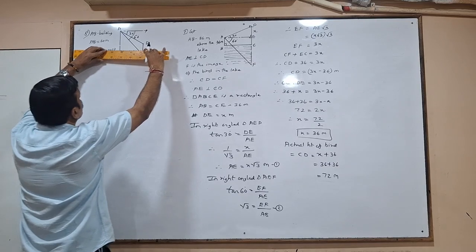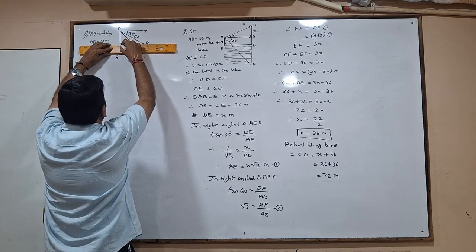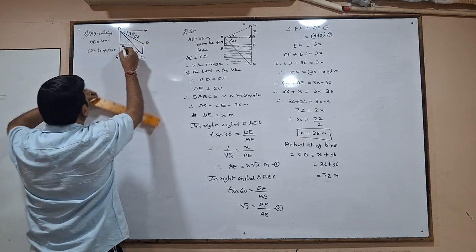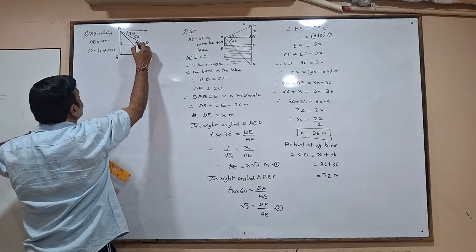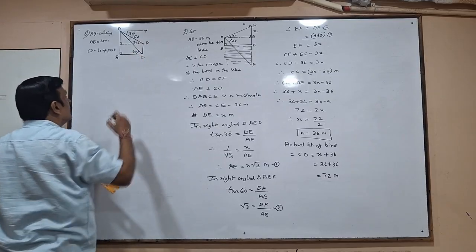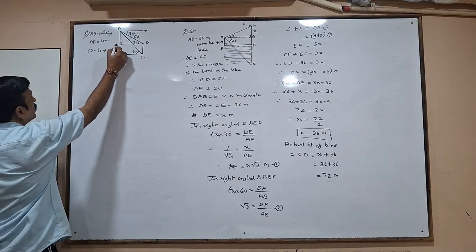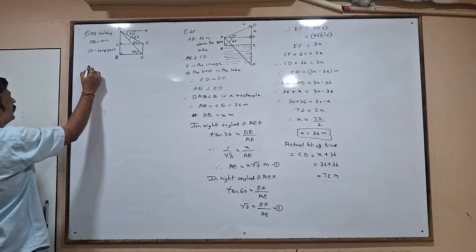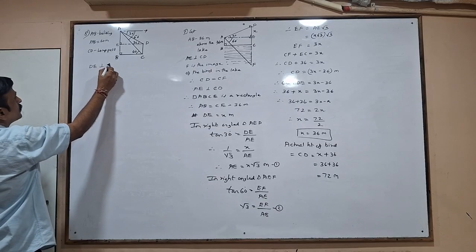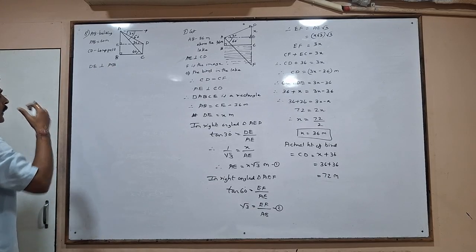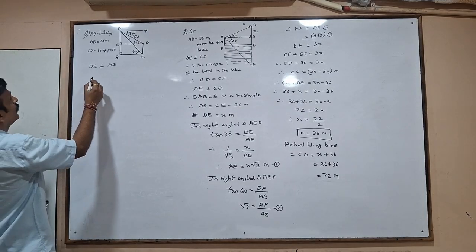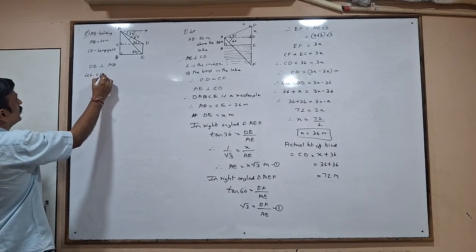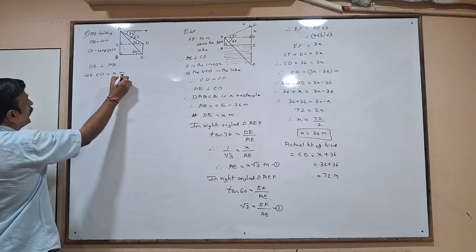But for this, we will have to draw a perpendicular, then only this 30 degree will be this 30 degree. So let us mark this as E. DE is perpendicular to AB. Let CD be equal to x meter.